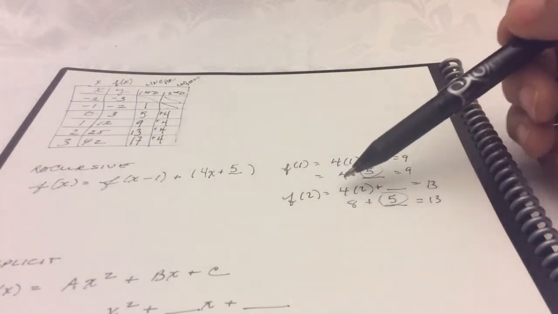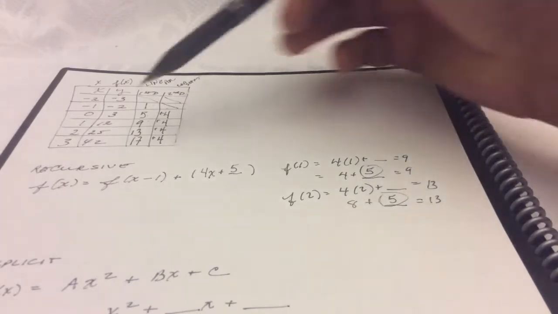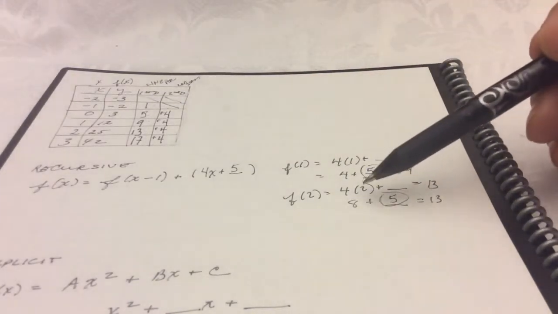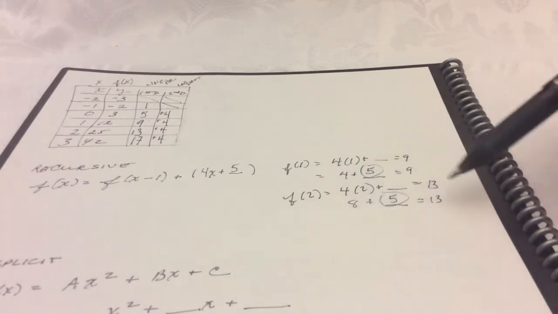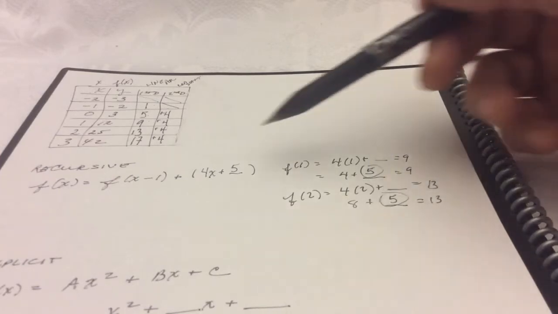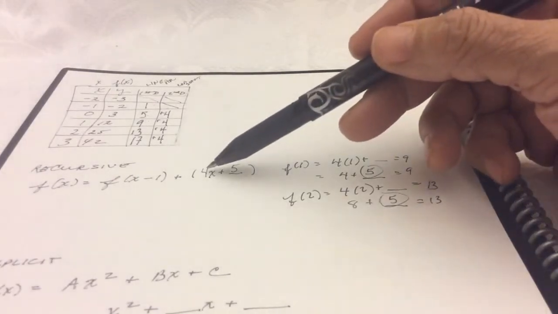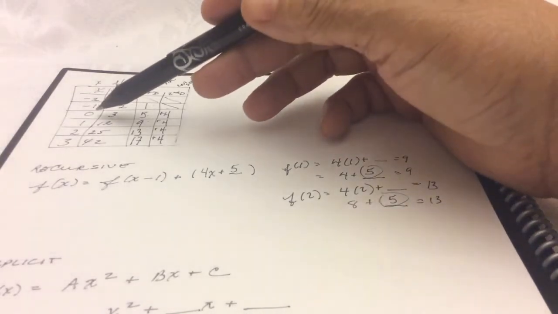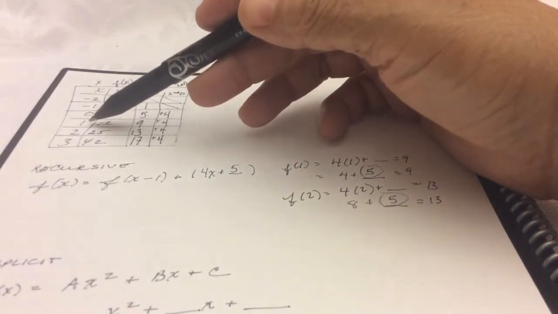So f of 2 equals 4 times 2 plus some number, and we're going to get our linear answer, which is 13. 4 times 2 is 8. 8 plus what number gives us 13? And it's 5. So we get the same answer, which shows us that our rate of change is going to be 4x plus 5. And this tells us what happens in each case from one value of x to the next.